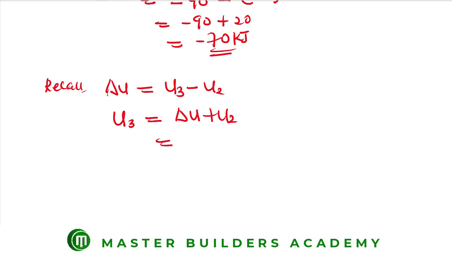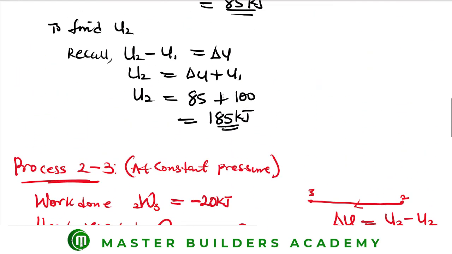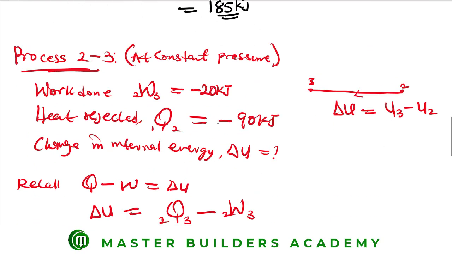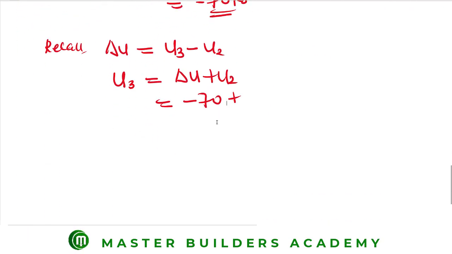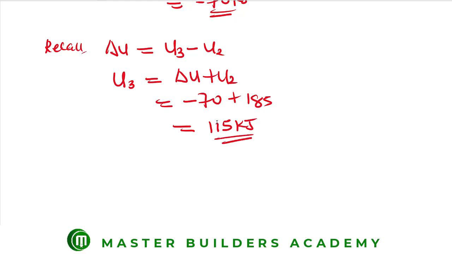And then what is our change in internal energy here? That's just minus 70 we obtained. And then for U2, we calculated this earlier to be 185, as you can see here, right? So we come down here and then put in the values. Minus 70 plus 185. By the time we sum up these two values together, automatically we'll have this as 115 kilojoule. So we have been able to obtain all the internal energies, right?